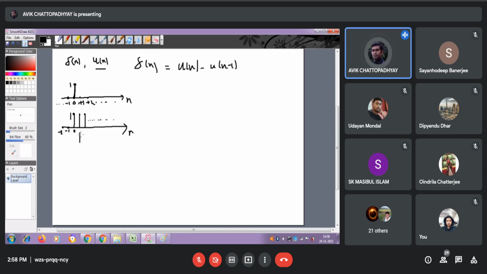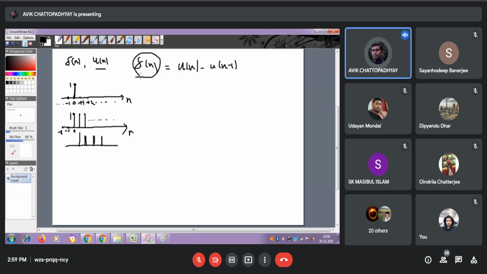Now if you shift this signal to the right-hand side by one sample, then ultimately you will get this kind of signal, having all the samples with the same amplitude. If you subtract this from this, all the samples from n equals +1 onwards will be cancelled, and you will remain with only one sample having the value 1 located at n equals 0, which is nothing but your delta n.